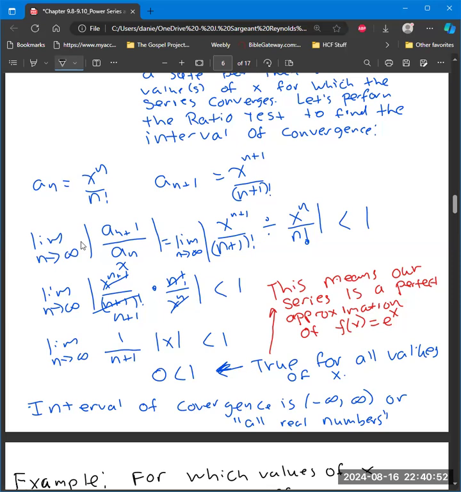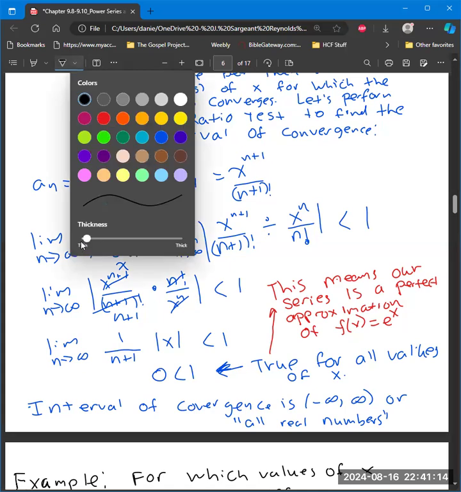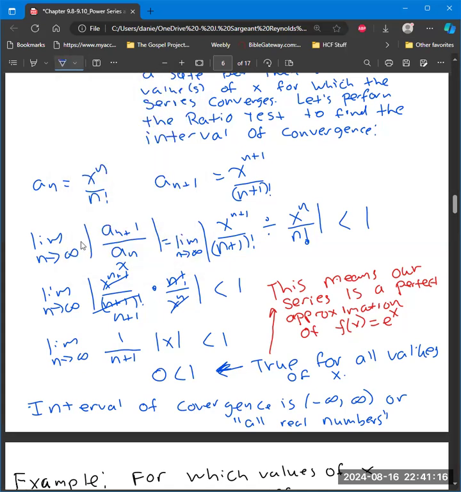The n factorial cancels out with the n factorial from n plus 1 factorial and leaves me with n plus 1, and the x to the n plus 1 minus n. When I divide like bases, I subtract the exponents, which will leave me with x to the first, which is x. So I'm going to have the absolute value of x over here, and it's okay to leave these in absolute value bars.